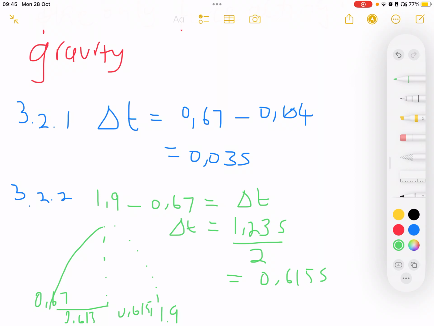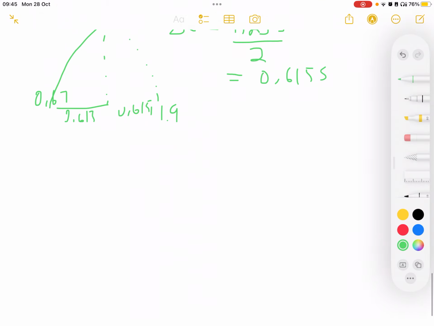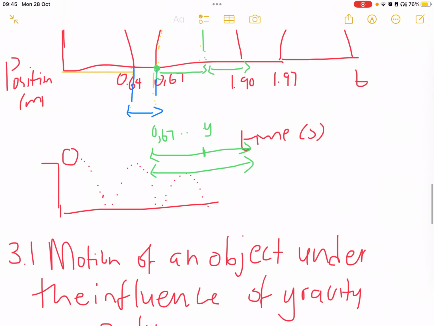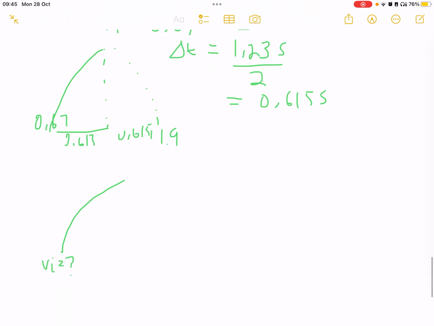But if you are taught to do your calculations, that is also fine. Now, we are starting here with a velocity that we don't know. We go up to maximum height, which is, we can go back to the question, which is 1.85 above the ground.